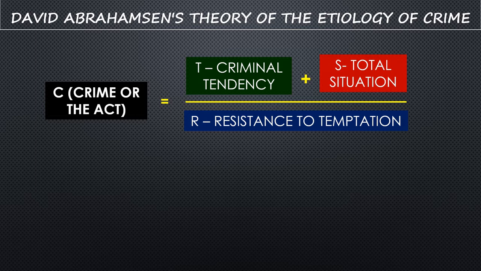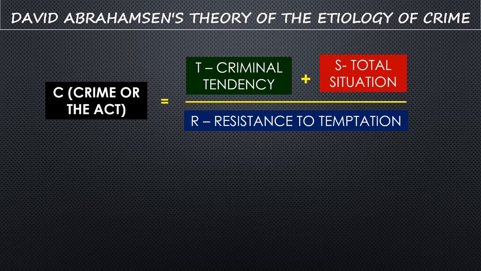According to him, crime equals T, criminal tendency, plus S, social, plus total situation, over resistance to temptations. So what is that criminal tendency?